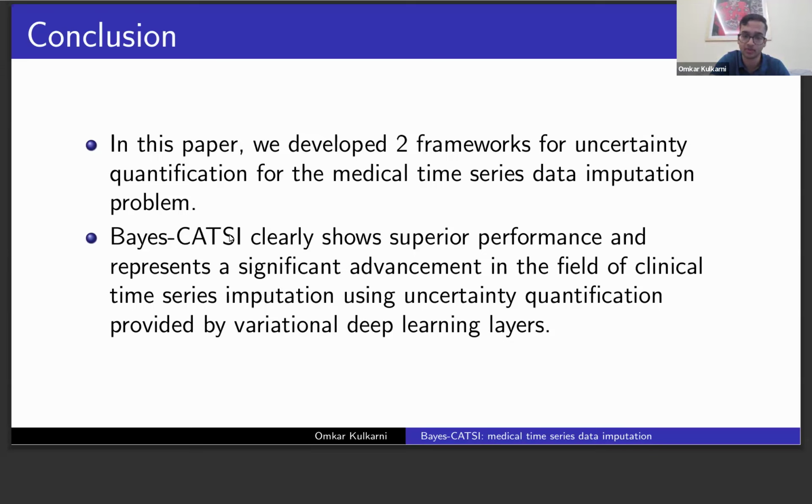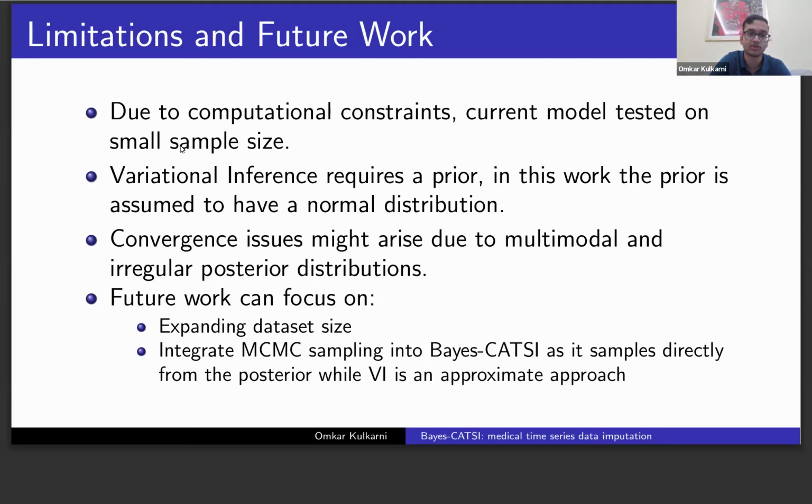So now we come to the limitations of our work. Due to computational constraints, current models have been tested on lower sample sizes. Also, the variational inference requires a prior, and in this work, the prior is assumed to be Gaussian.